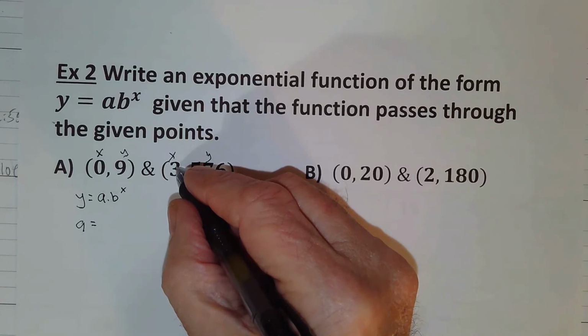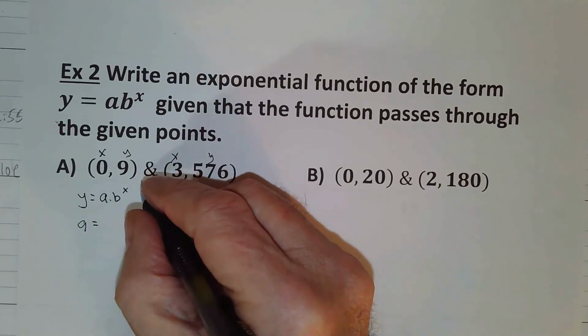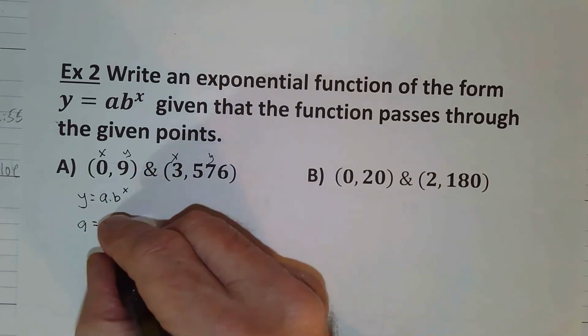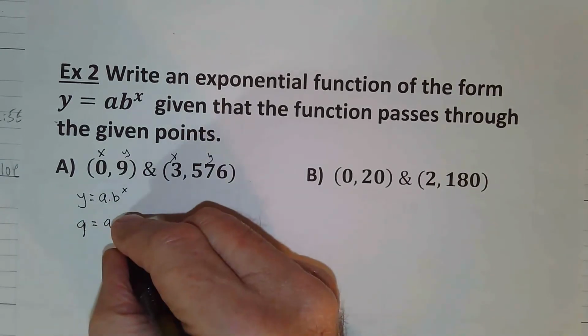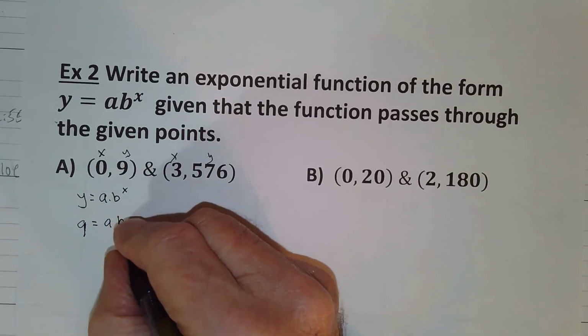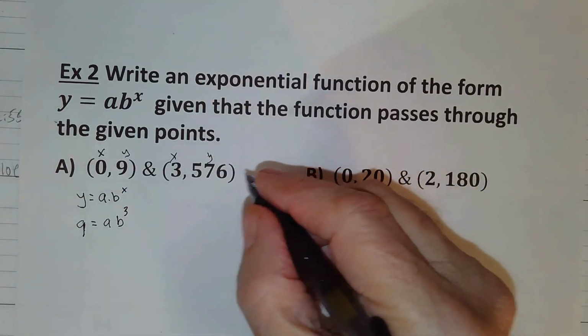So I'm going to use 3 there. So this would become 9 equals a, so this is 9 here, times b to the 3rd.